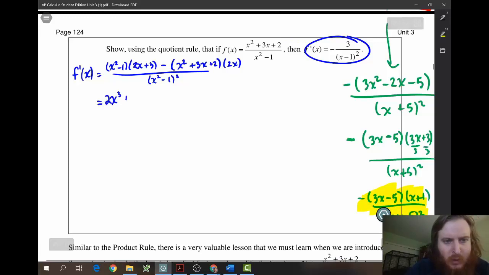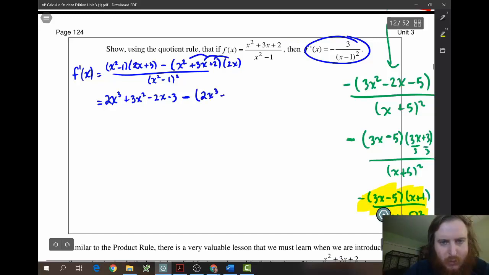X squared times 3 is plus 3x squared. Minus 2x minus 3, right? We FOILed out the top. And then minus, I'm going to distribute this part, but I'm going to leave it in parentheses. So minus 2x cubed minus 6x squared, or sorry, plus 6x squared, and plus 4x. All divided by x squared minus 1 squared.